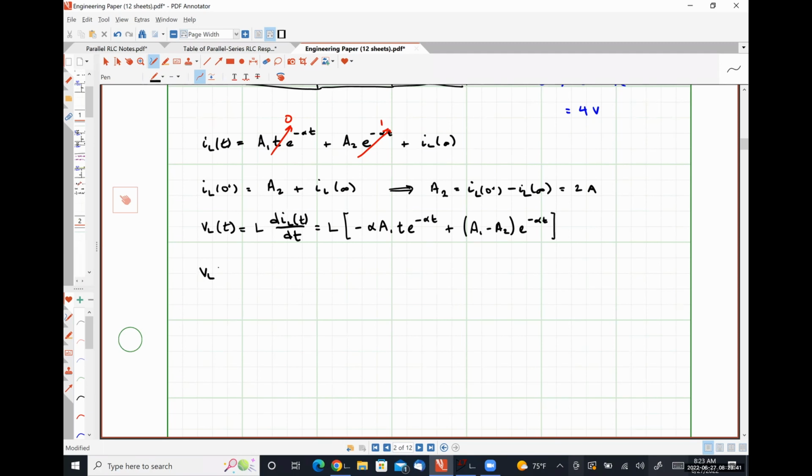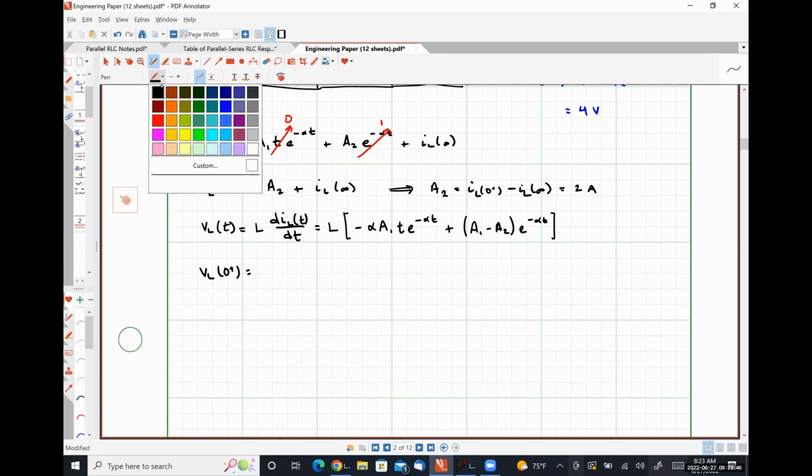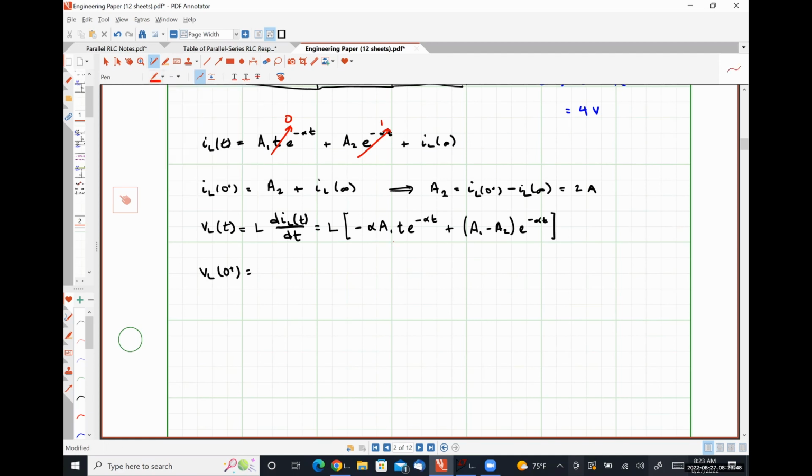At t equal to 0 plus, this term is going to go away. This term is going to go towards 1. And so what we're going to have is simply L times A1 minus alpha A2.